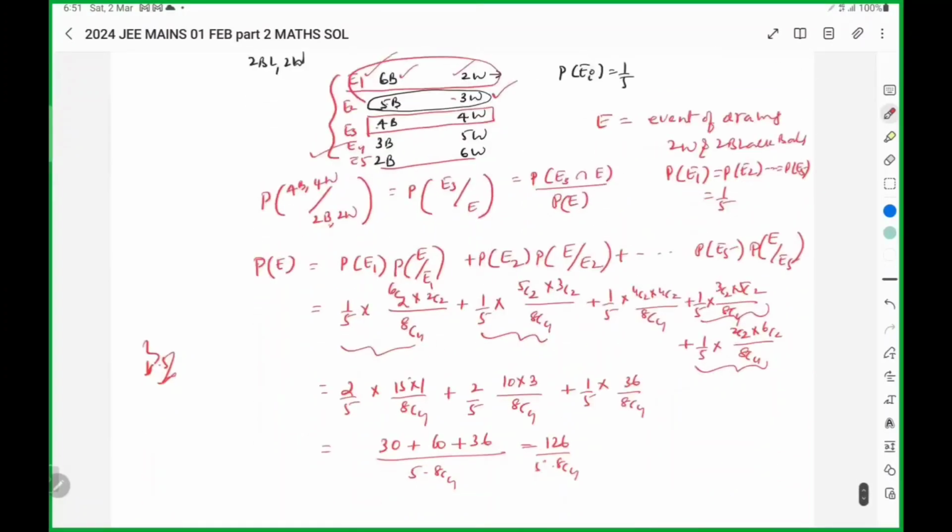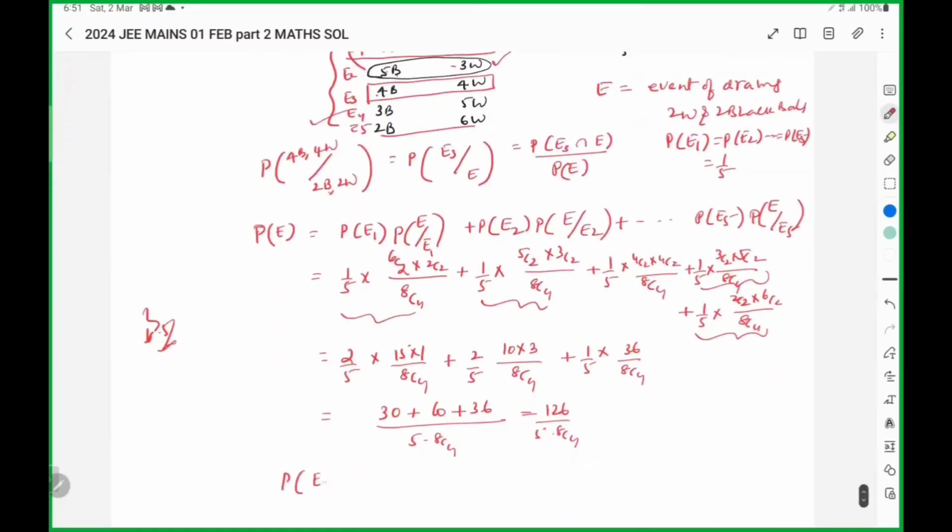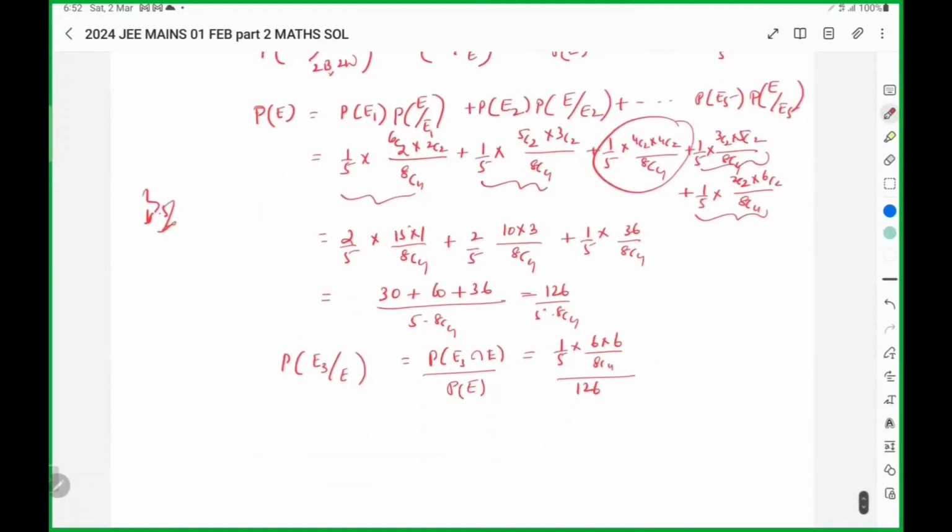But the given question is P of E3 given E, P of E3 intersection E by P of E. So P of E3 means this is the case: 1 by 5 into 6 into 6 by 8C4. Divided by 126 by 5 into 8C4.